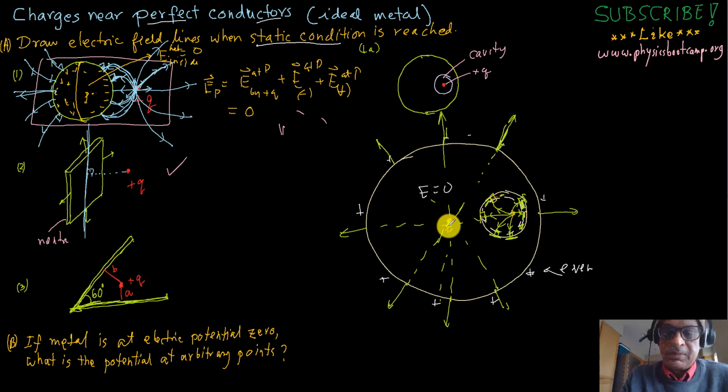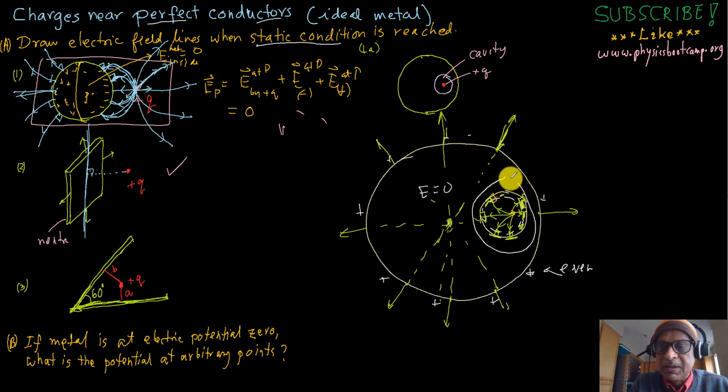So let's look at this. If you draw a Gaussian surface, say this is the Gaussian surface, and say the electric field is zero on the surface, right?